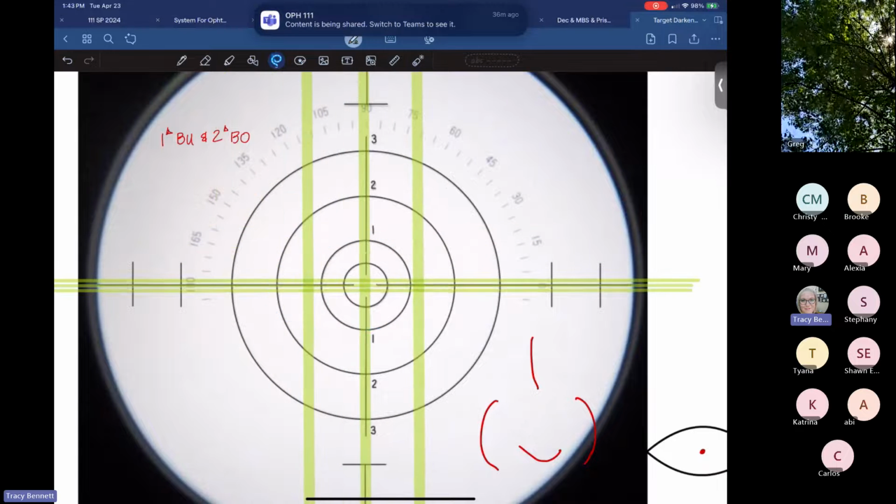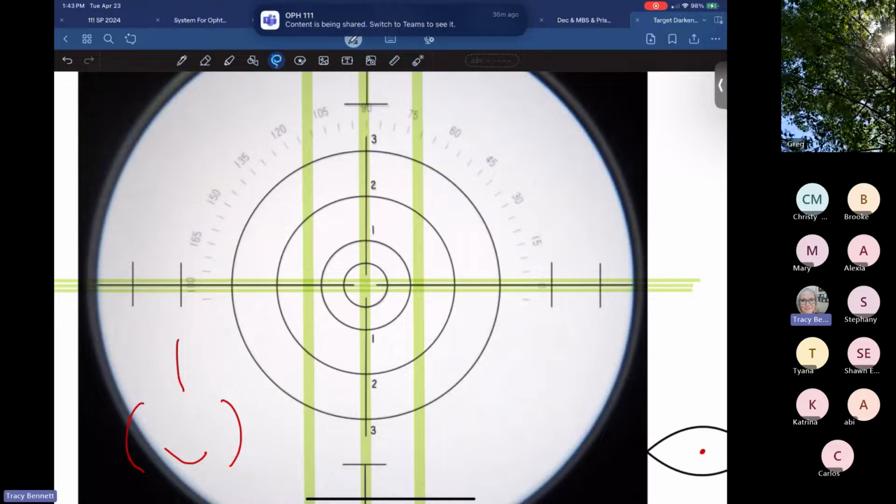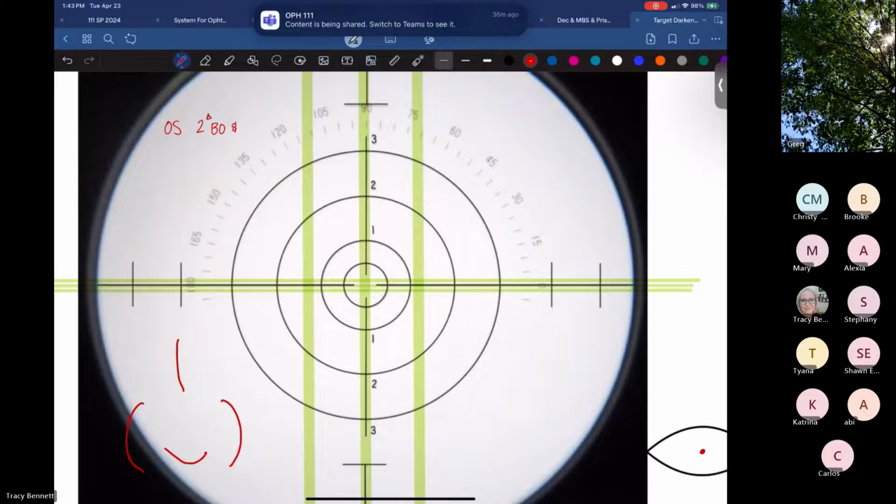So you would do kind of the same thing with any kind of prism. So let's say we have a left eye. So we got an OS. And I want to have 2 diopters base out and 1.5 base down.